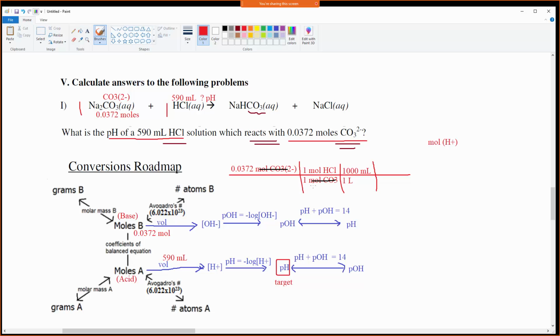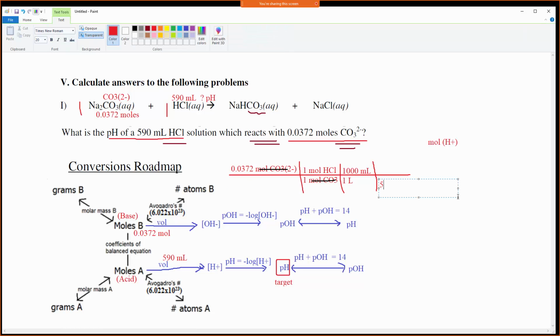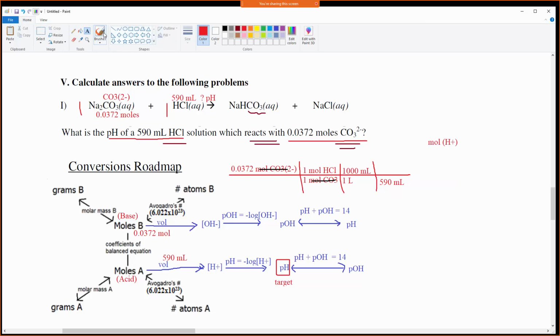And then I need to cancel out milliliters, so I'm going to just put 590 milliliters on the bottom. Don't need anything on the top. This was just given by itself, right? And I get to put those units where I want them because I'm the boss of them. Okay, so my milliliters cancel, and at this point I've got moles per liter of the HCl. And at this point, I've got to get off my dimensional analysis train because the next step is a formula.